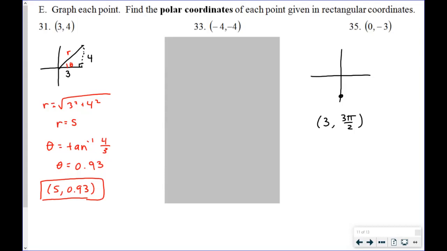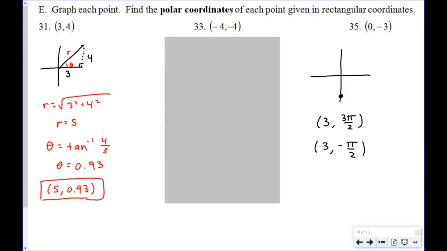The square root of x squared plus y squared gives you r. Tangent's weird though. You're going to have to use reasoning for that one. Yes. All right, perfect.